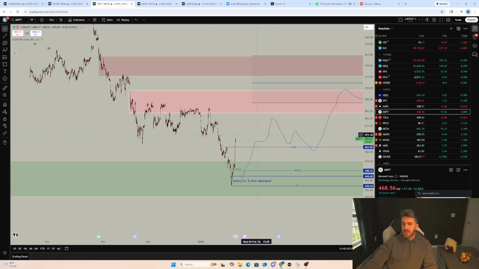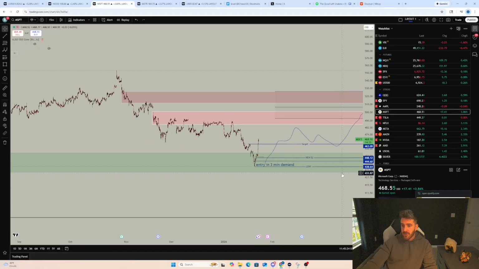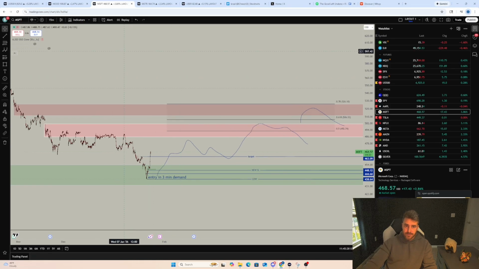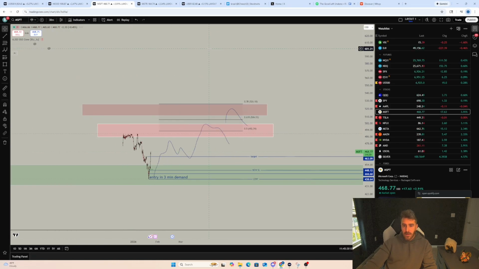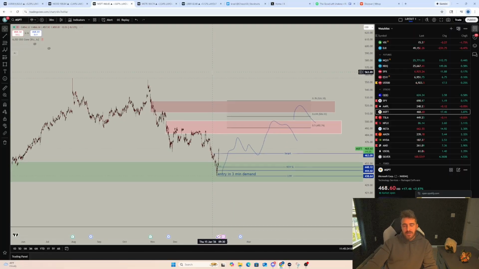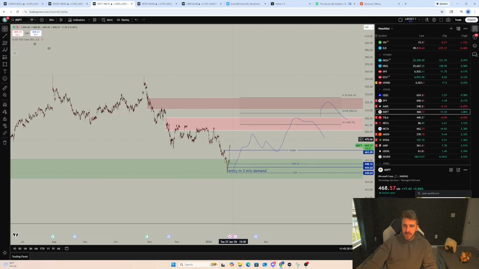A lot of possibilities, but coming out of weekly demand with an impulse up is a good indication of retracing way back up here to the 500s. But that's my entries: supply, demand, understanding impulse and correctiveness, staying in my trades, and keeping my stop loss tight.